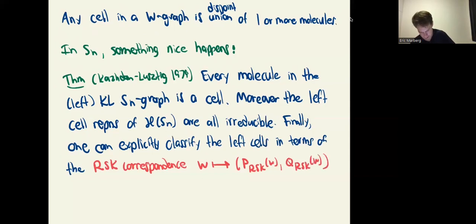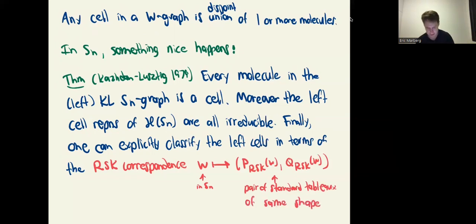So this is in Sn, and this is a pair of standard tableaux of the same shape.